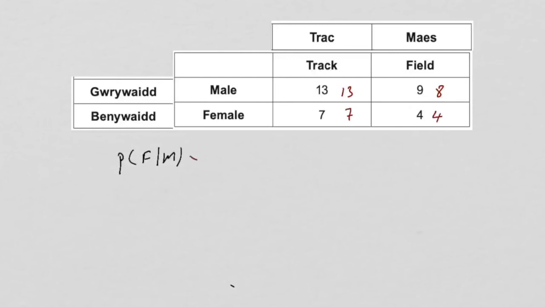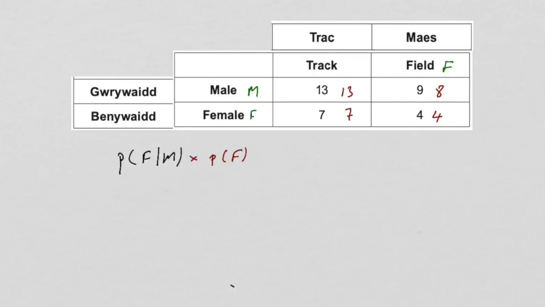So for the second event, we simply want to know whether they are a field athlete. By the way, to avoid confusion, notice that I'm using F for field and M for male.